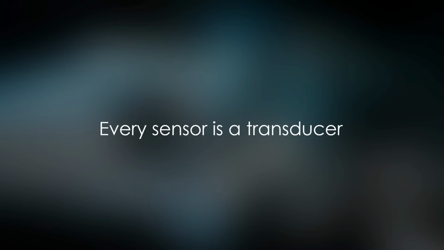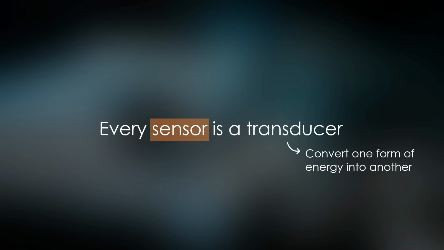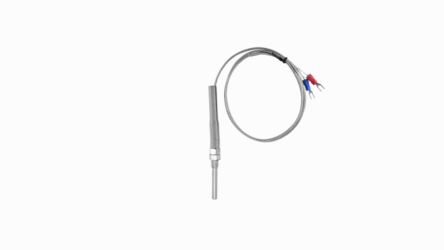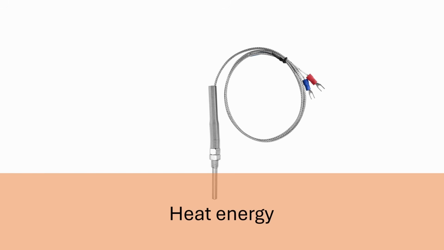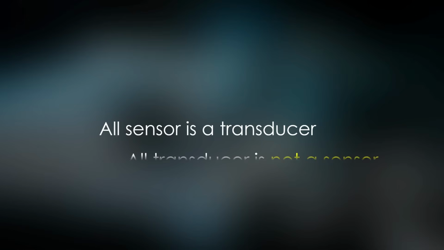So yes, every sensor is a transducer because a sensor also converts one form of energy into another, just like a transducer does. For example, a thermocouple, which is a temperature sensor, converts heat energy into electrical voltage that can be measured or displayed. But all transducers are not sensors.